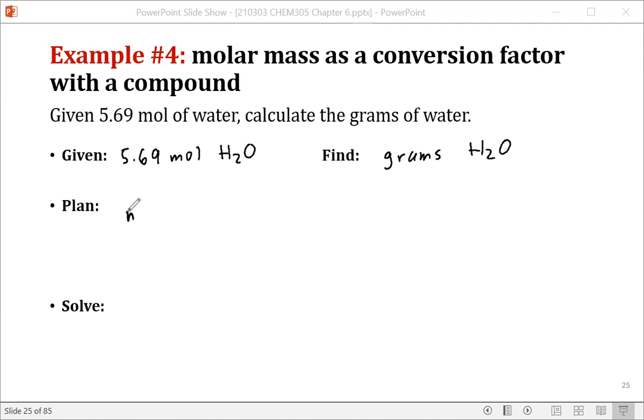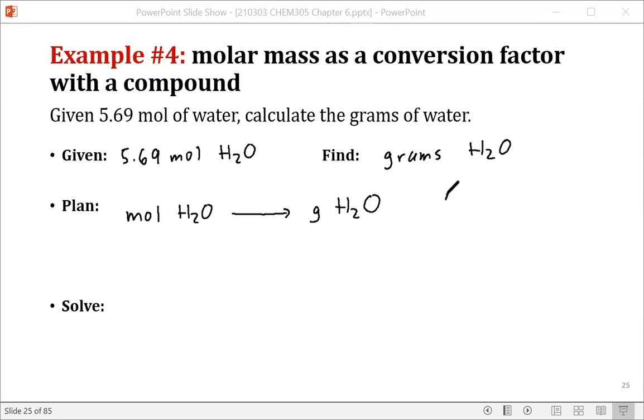So our plan is to go from moles H2O to grams of H2O. And anytime you're converting from moles to grams or grams to moles, either way, you're going to be using the molar mass to do that.